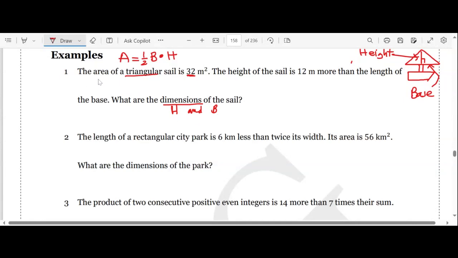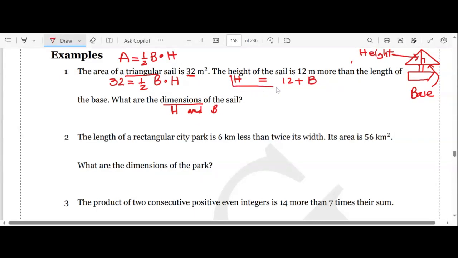So the area equals half base times height. How much is the area? 32. And he said the height is 12 more than the base, correct?